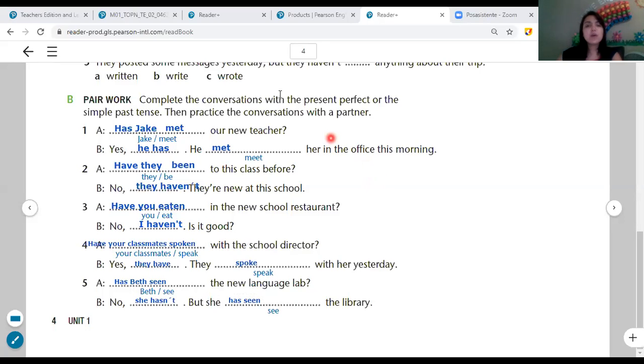If you can see, only in question 1, we have a simple past because we have a specific time, that is this morning. Also, there was another one here, number 4, yesterday. When did they speak? Yesterday, specific time.